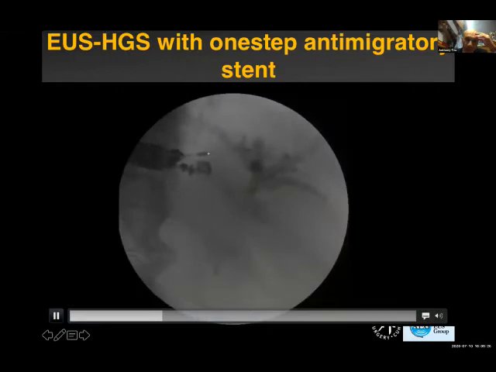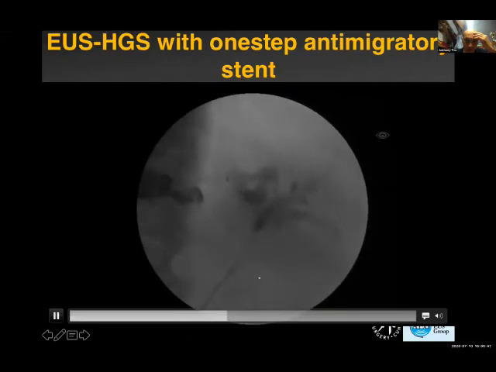And you can see the device, with a gentle push, goes in quite smoothly, following the guide wire going down. And then we open the stent radiologically under X-ray guidance. Half of the stent is opened under X-ray guidance, and the other half of the stent is actually opened inside the endoscope.